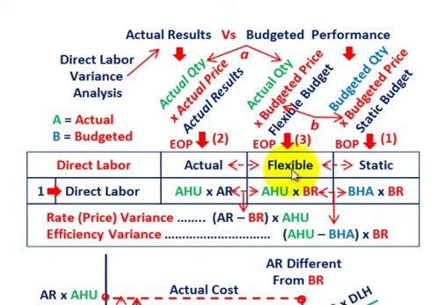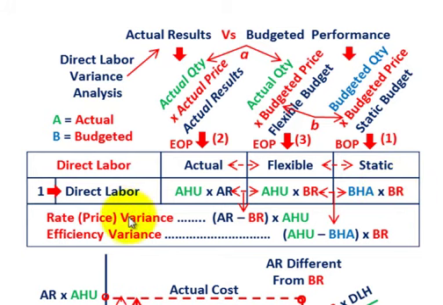Then for our flexible amount, that would be the actual hours used coming off our actual results for the period times the budgeted rate coming off our static budget or standard amount. So actual hours used times the budgeted rate. And for our static amount, we have established the budgeted hours allowed for our product for our direct labor times the budgeted rate, or the budgeted hourly cost for our direct labor.